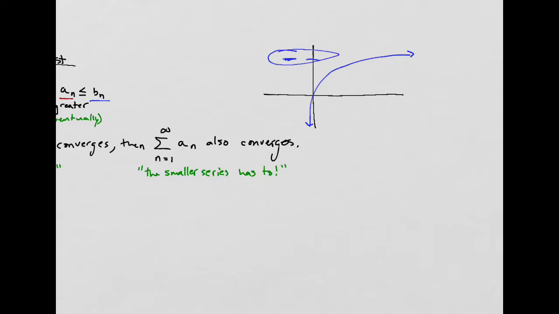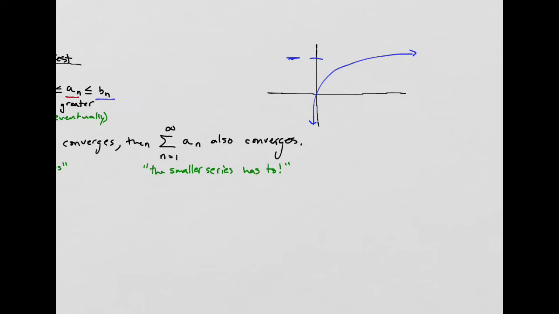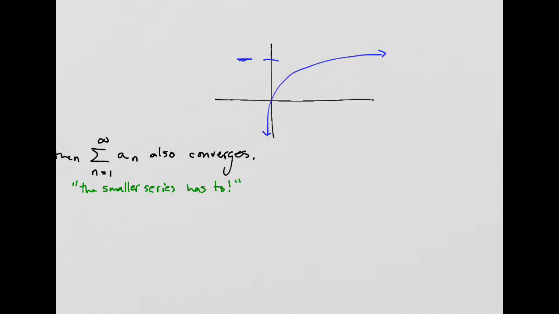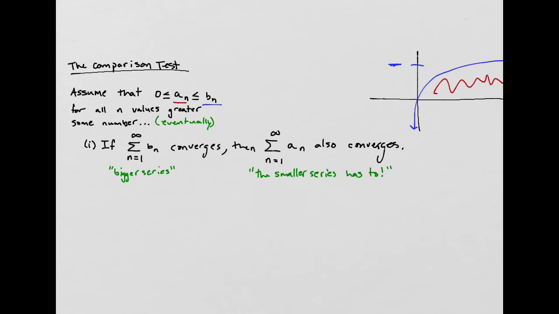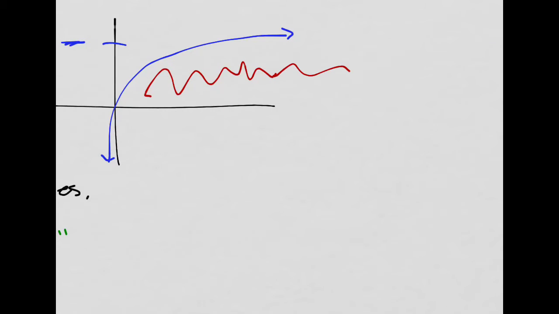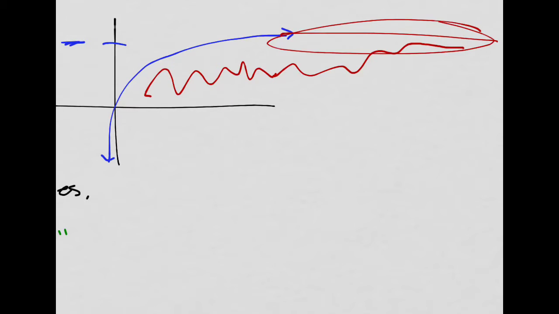Converges, so like the limit of the partial sums goes to some number. And I know that this one, no matter what it does, has to be below this. That's what I'm assuming here. So no matter what it does, it cannot go past that. So it has to converge also.